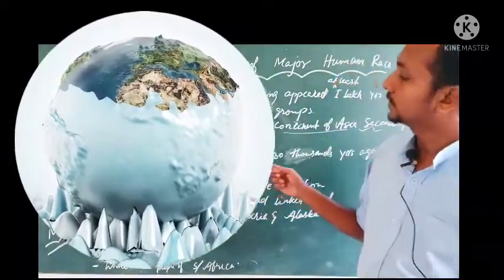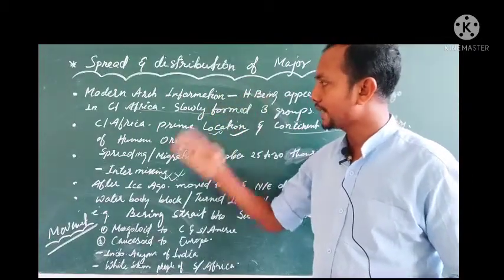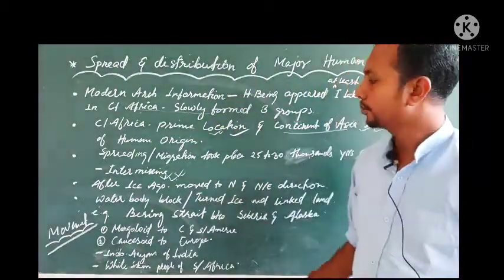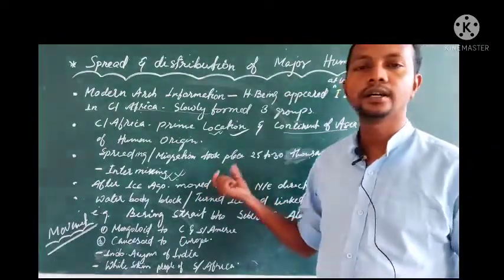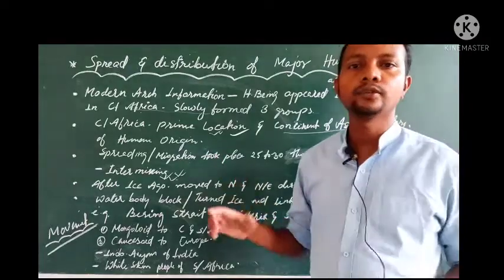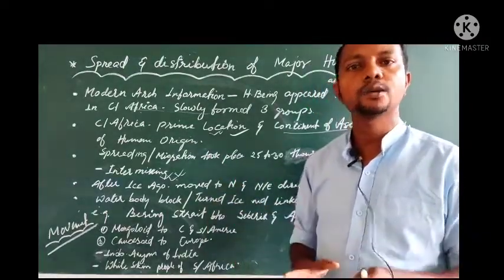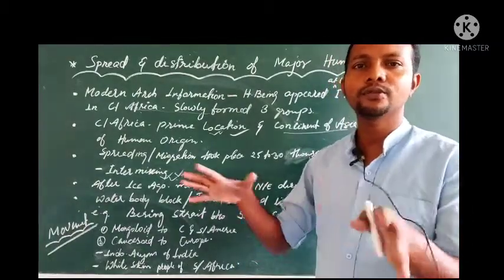Now, since it takes us back to the ice age, Homo sapiens, the human being, started originating during the ice age, and the other areas of the world were covered with snow, so people did not move anywhere. Rather, it was not possible for them to move because it was fully covered.